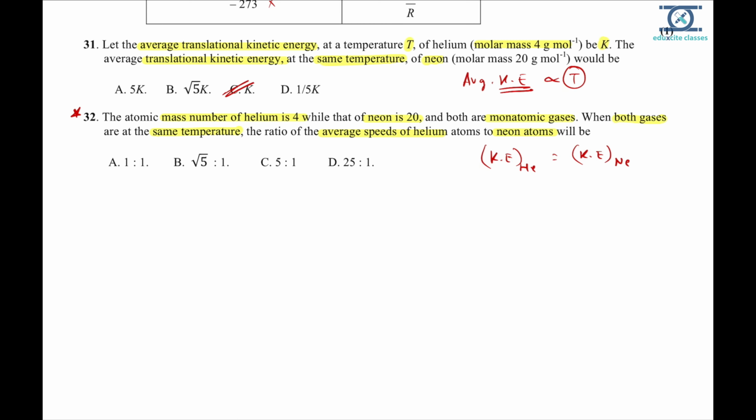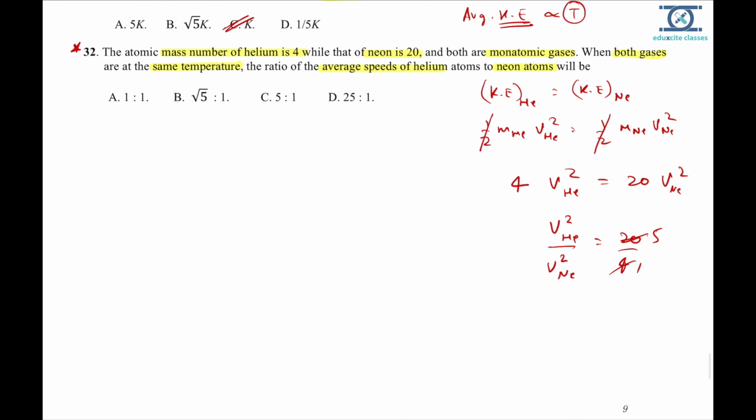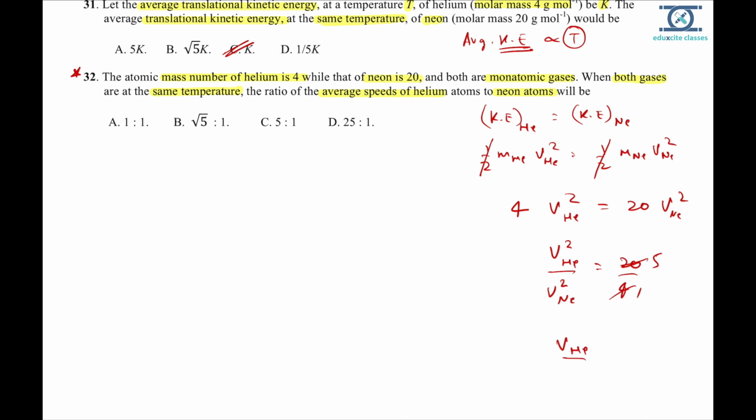Kinetic energy: half mass of helium times speed of helium squared equals half mass of neon times speed of neon squared. The halves cancel. Taking the molar masses, 4 times speed of helium squared equals 20 times speed of neon squared. So the ratio of v squared of helium to v squared of neon is 20 by 4, which is 5 to 1. Taking the square root on both sides, the ratio comes out to be root 5 to 1, so option B is the right answer.